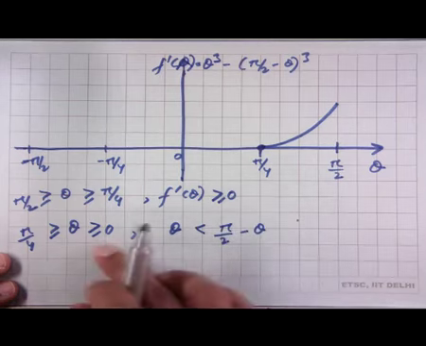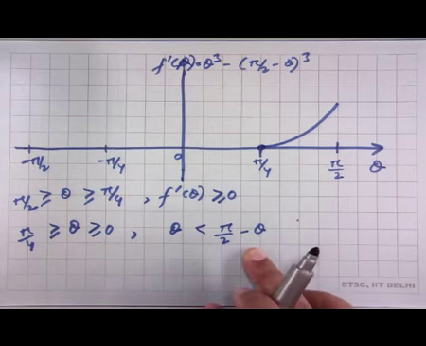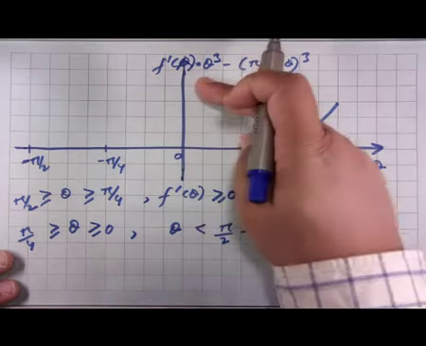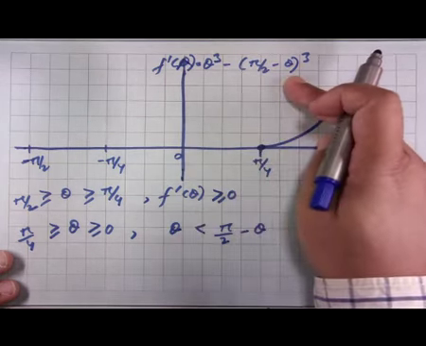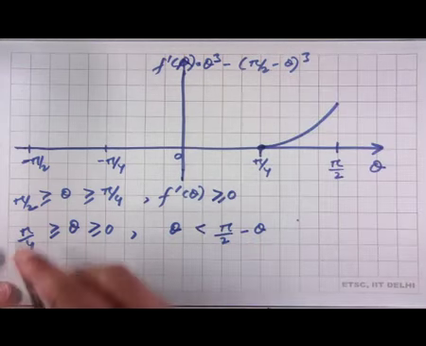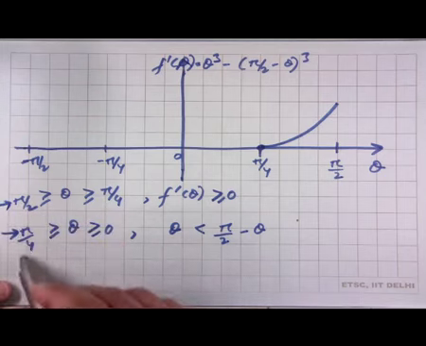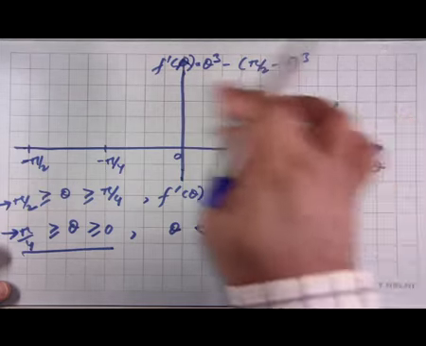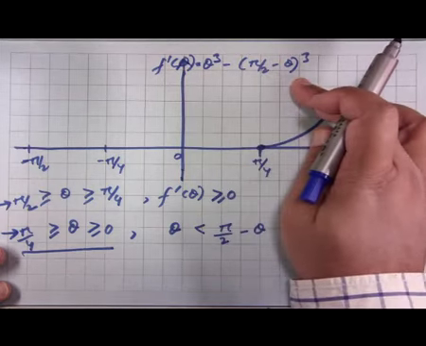Since theta is positive and pi by 2 minus theta is also positive, and theta is less than pi by 2 minus theta in this region, the value of this first derivative is going to be negative.